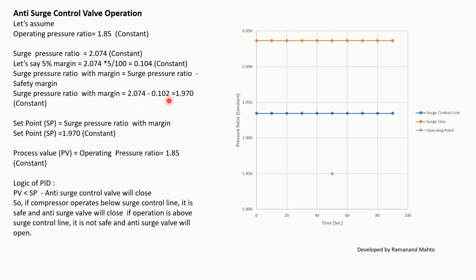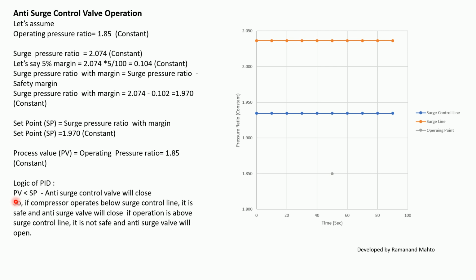The set point will be 1.970. The process value, the operating pressure ratio, is 1.85. So this is the operating point, and this is the set point. The operating point is below this, the process value is below the set point.